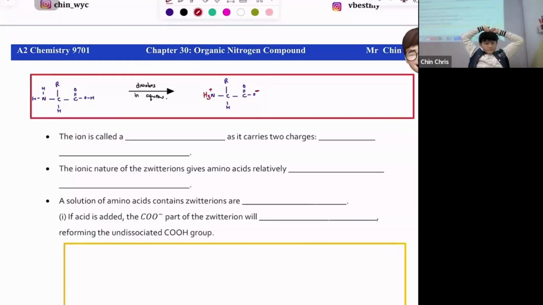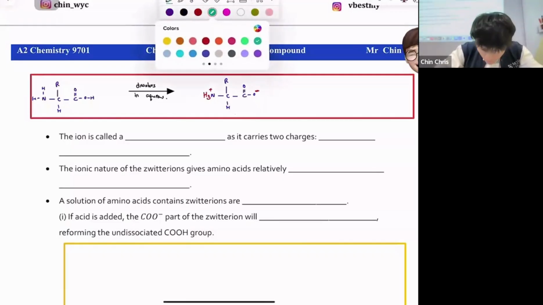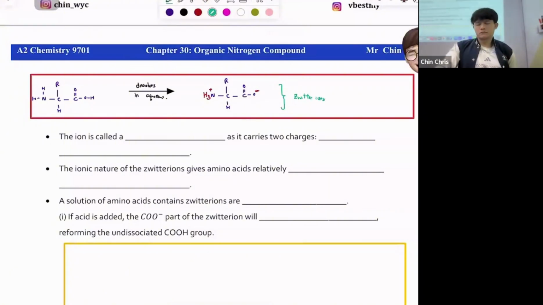Okay, done. All right, guys, next. What do you call this type of ion? I want you guys to put it down. We call it a zwitterion. And what is a zwitterion? In a zwitterion, the net charge is always 0.